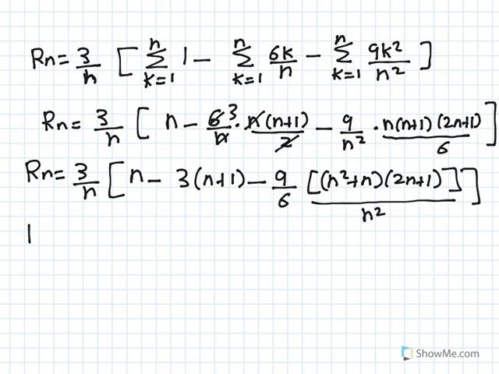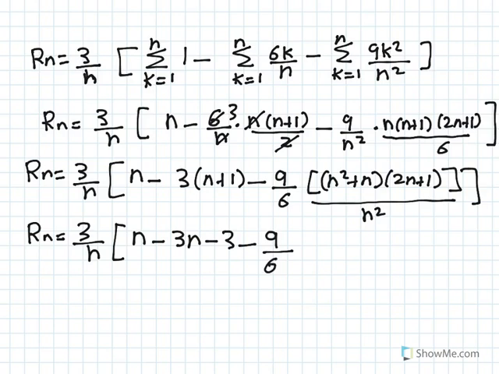Let's simplify a bit more. We get Rn is 3 over n, n minus 3n minus 3 minus 9 over 6n squared times 2n cubed. Let's add up the middle terms, so we get n squared plus 2n squared, that's 3n squared plus n.